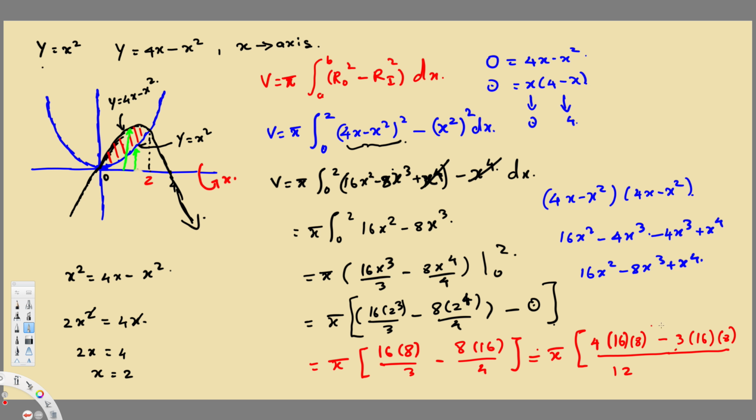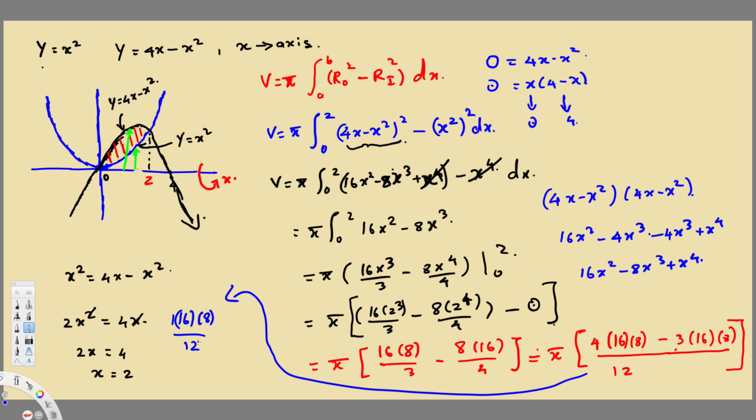Since we have these two values that are both the same, 16 times 8, 16 times 8, we can directly subtract. So this is going to be 4 minus 3, that's going to be just 1. So let's continue this one right here. So this is going to be 1 multiplied by 16 times 8 divided by 12, right?